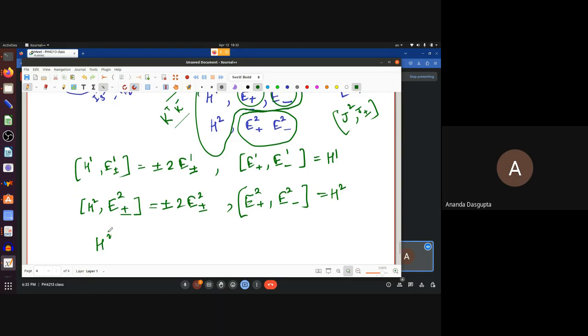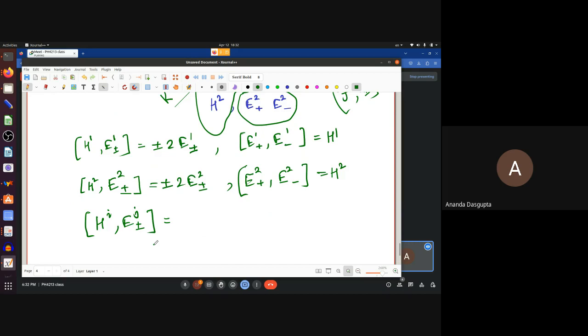So in general, I would like to talk about this. I've already talked about the case where you have I equal to 1, J equal to 1, and I equal to 2, J equal to 2. But what about I equal to 1, J equal to 2, or I equal to 2, J equal to 1? I'm not saying that yet.